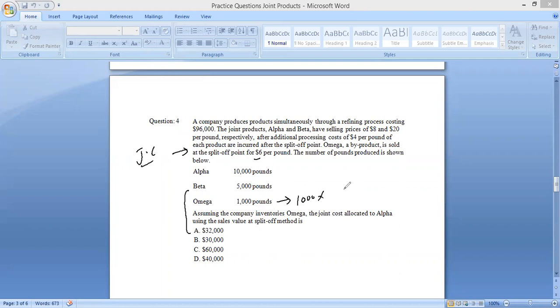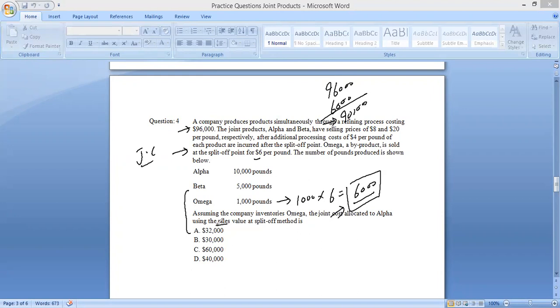Omega we are selling for $6 each, so 6,000 is the sales value of omega. Our joint cost is 96,000. As I told you, they are keeping it as inventory, and in this case, the sales value of the byproduct will be subtracted from the joint cost, and the remaining joint cost we will allocate to the products.